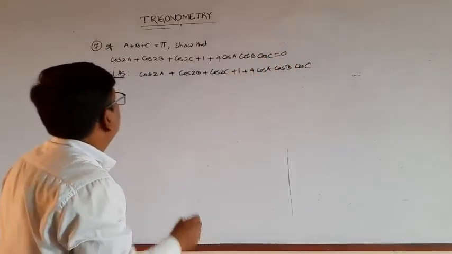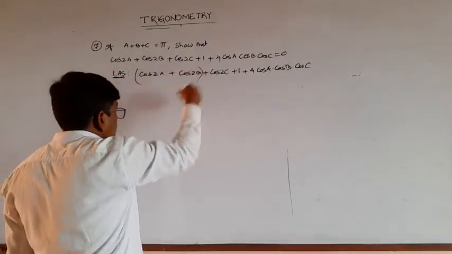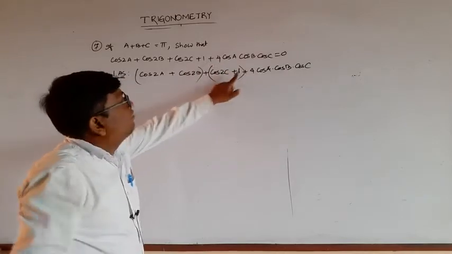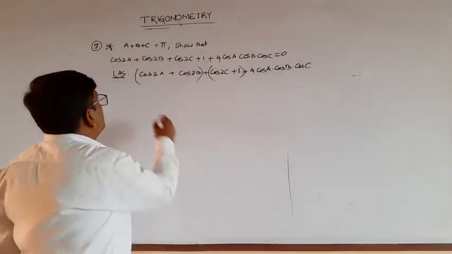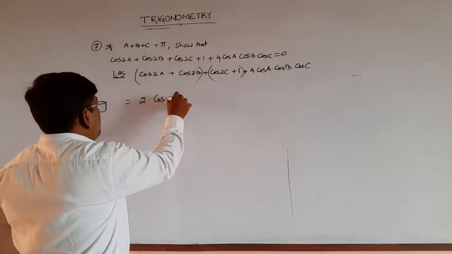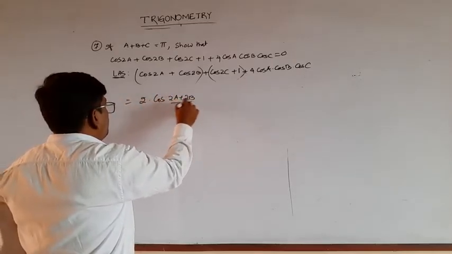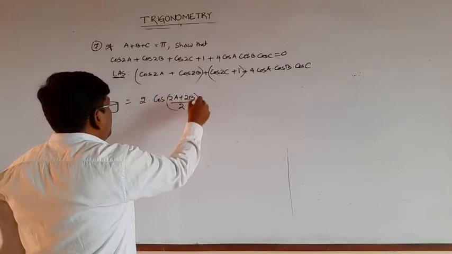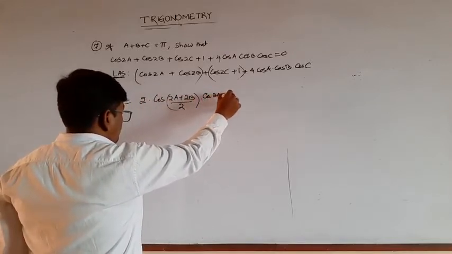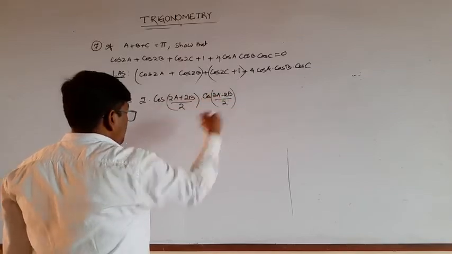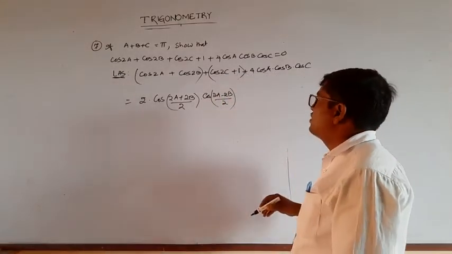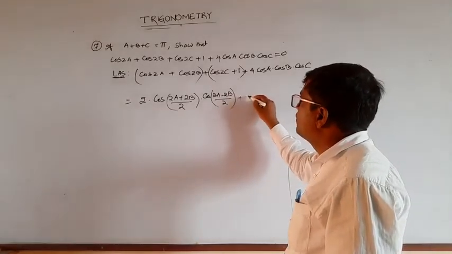Now apply the formula cos C plus cos D, and the 1 plus cos 2 theta formula. So this is equal to 2 into cos ((2a plus 2b) by 2) into cos ((2a minus 2b) by 2), and 1 plus cos 2 theta is 2 cos square theta.